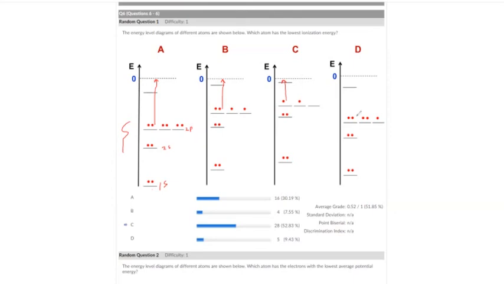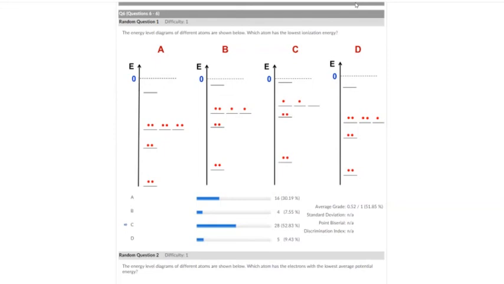And atom D, you need to provide a bit more energy than B and C, but less than A. So as you can see, the energy required to remove electrons from C is low. In other words, the ionization energy for atom C must be lower than A, B, and D. That's the correct answer, option C.